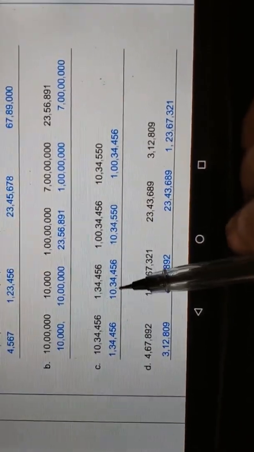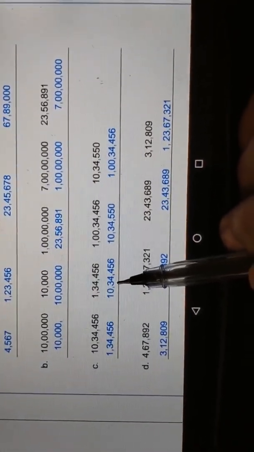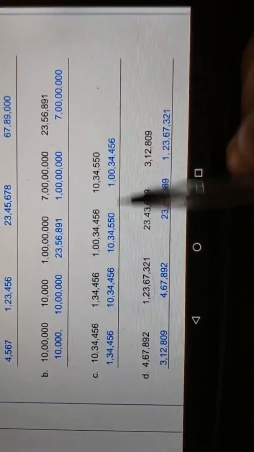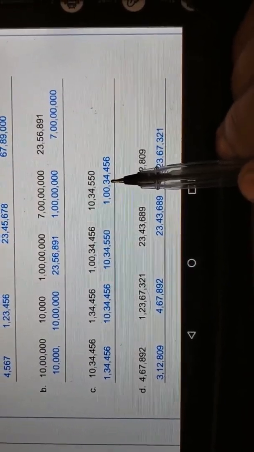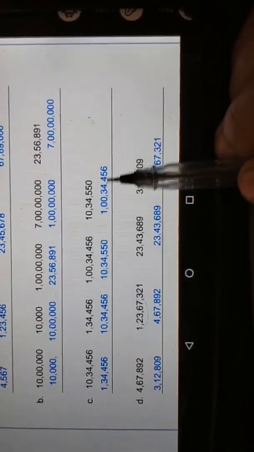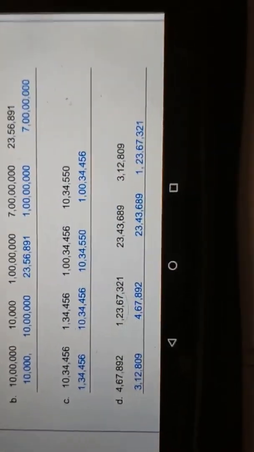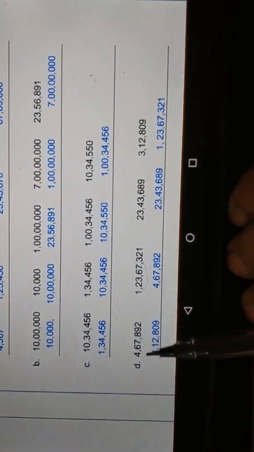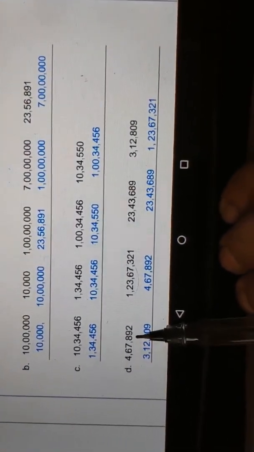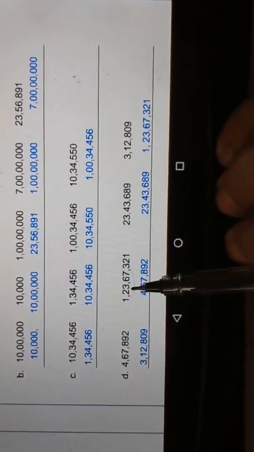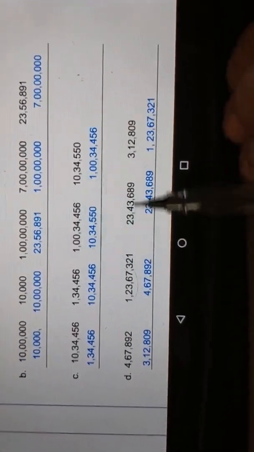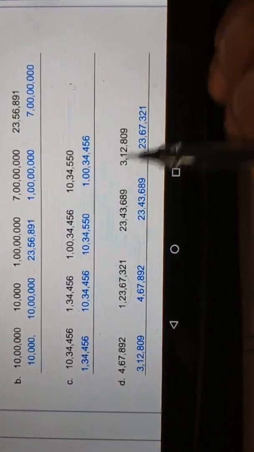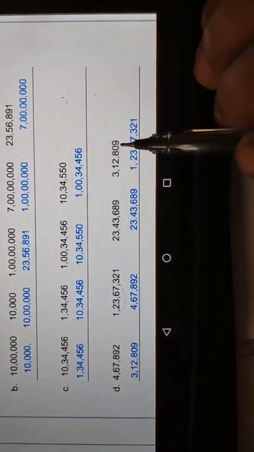Then 10 lakhs 34,456, 10,000 34,550, 1 crore 34,456 is there. And then in the last, 4,600, 4 lakhs 67,892, 1 crore 23 lakhs 37,321, 23 lakhs 43,689, 3 lakhs 12,809 is there.